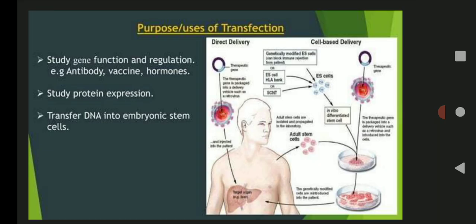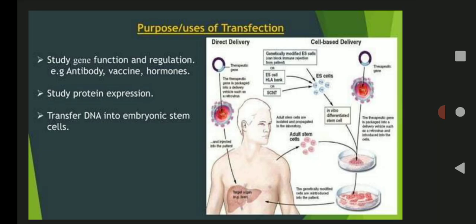The purpose of transfection is also to treat genetic disorders, whereby we can incorporate an intact gene, that is, a normal functioning gene, to replace the defective gene present in our system, either by direct delivery with the help of viruses, or by incorporating the gene into embryonic stem cells.